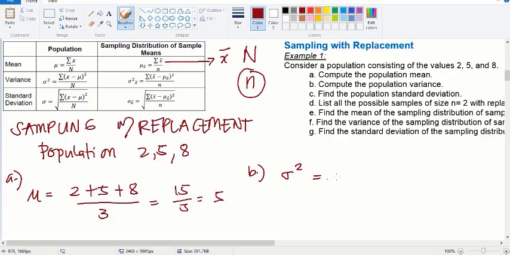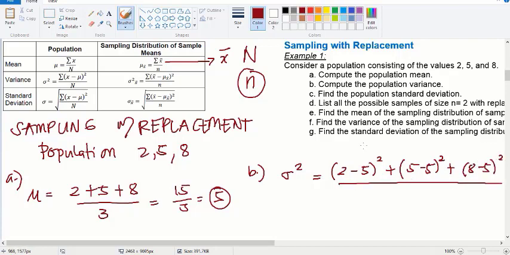So the population variance is summation of x minus mu, squared. This is our mu, right? So, ang x natin is 2 minus 5 square plus 5 minus 5 square plus 8 minus 5 square over, still the same thing, big letter N, so 3.